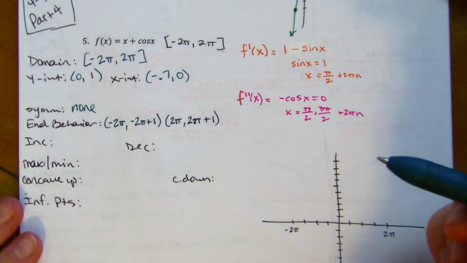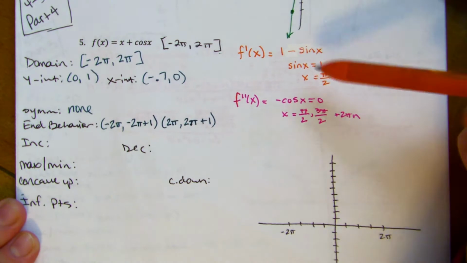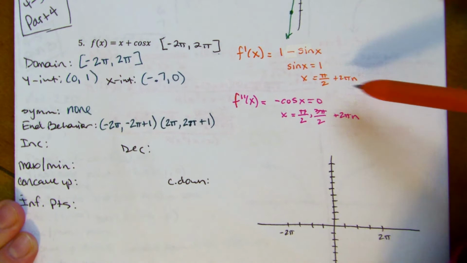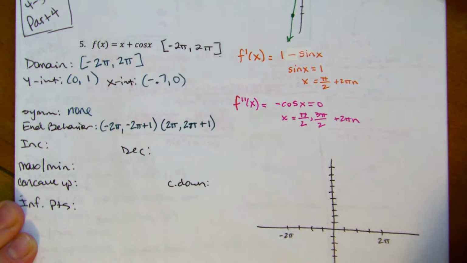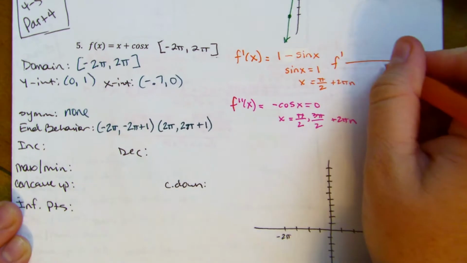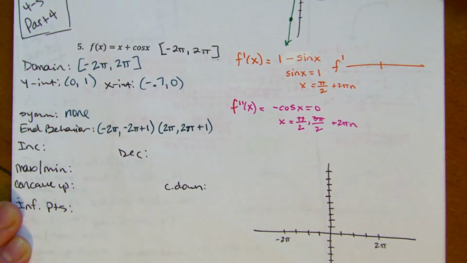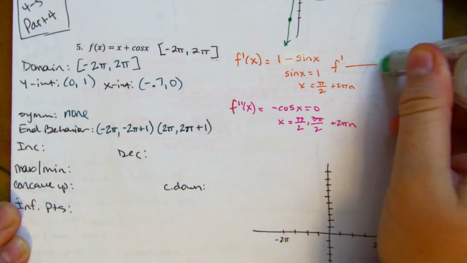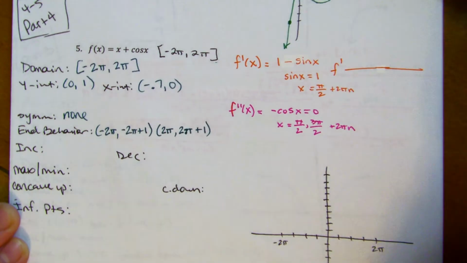Now we are getting to the calculus questions, so let's go ahead and switch gears back to the derivatives over here. I've already taken the first derivative, set it equal to 0, solving it, and sine is equal to 1 at pi over 2. And so we can do our sign chart, and we're looking at a couple values, not just one, because we're looking at the interval not just from 0 to 2 pi, but negative 2 pi to positive 2 pi.